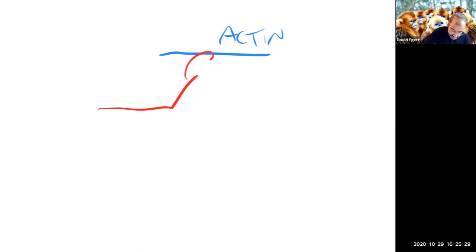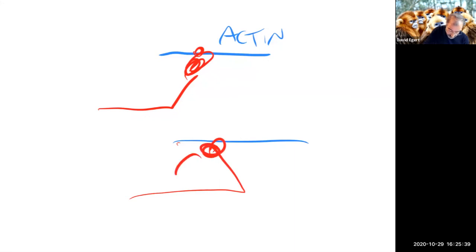Right? So the basic thing that you have here now, we have the actin, the myosin binds. Once it binds, it's going to pull. That's the thing that makes it go. It's like, boof, it pulls.